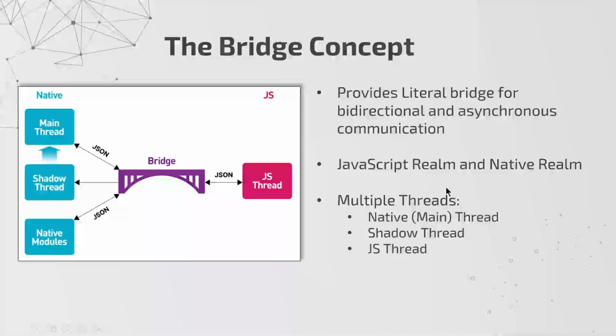And as we talked about, there are multiple threads. These are the three main types of threads in React Native. The first one is the native thread, which is the main thread. It is also called the UI thread because it is the only thread which makes changes to the UI of the application. It receives instructions from the shadow thread. So what is the shadow thread?